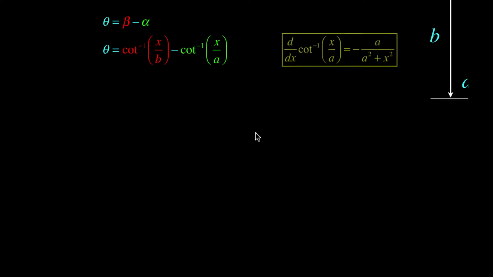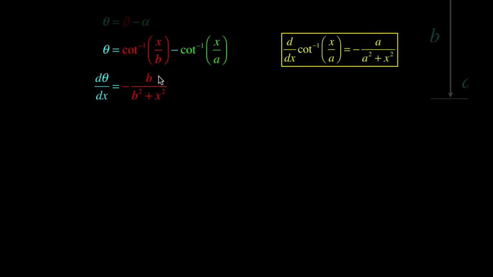Now, in that derivative from the previous video, we specifically took the derivative of this expression, and we got d by dx of cotan inverse of x over a being negative a divided by a squared plus x squared. So using that structure, we differentiate the first inverse cotangent, and we will get negative b over b squared plus x squared.